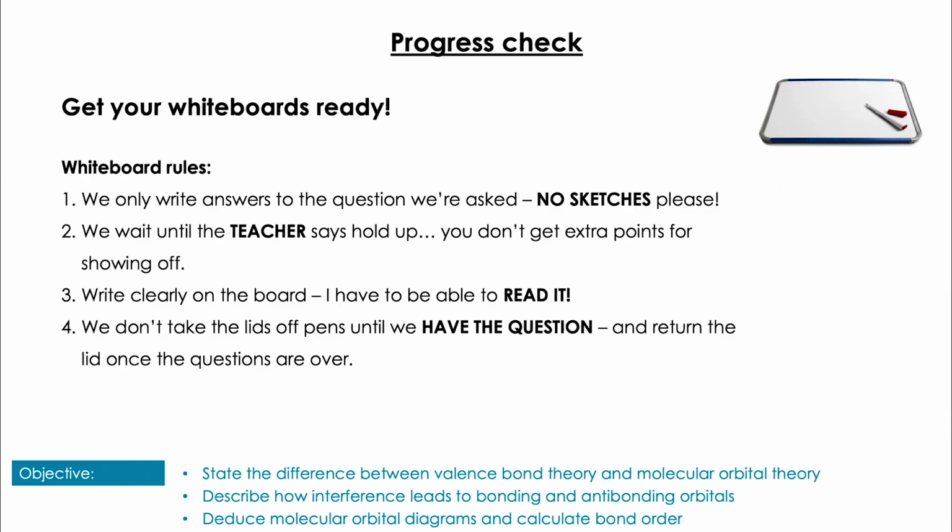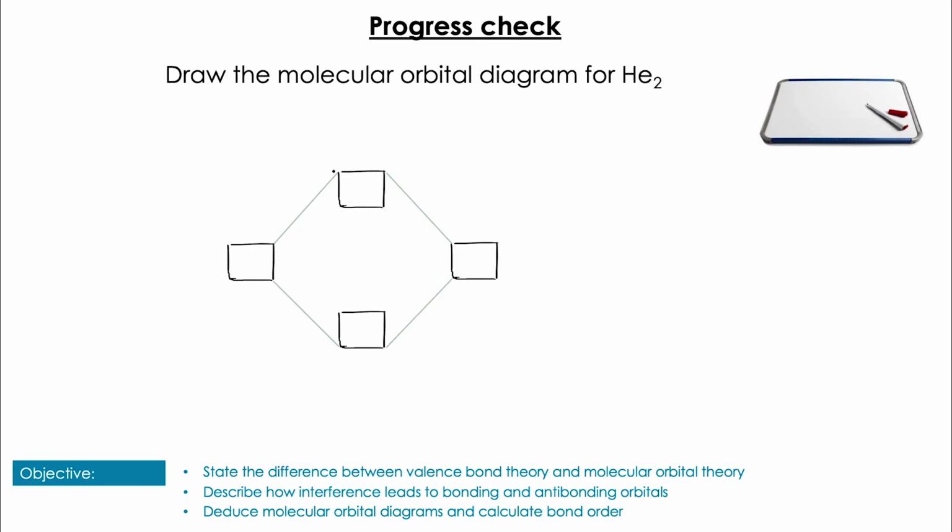So time for some practice questions, and really do pause the video and take a go at these. So firstly, draw the molecular orbital diagram for He2. Pause the video and have a go at that. So of course, each helium atom having 2 electrons, giving us 4 in total.